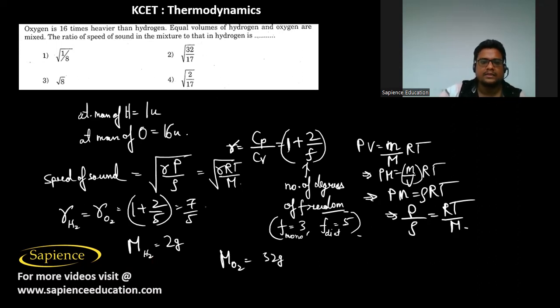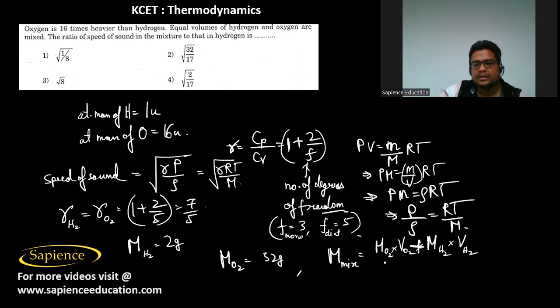If equal volumes of them are mixed, then to find the average molar mass of the mixture, it will be the molar mass of oxygen into the volume of oxygen, plus the molar mass of hydrogen into the volume of hydrogen, divided by the total volume of oxygen and hydrogen.